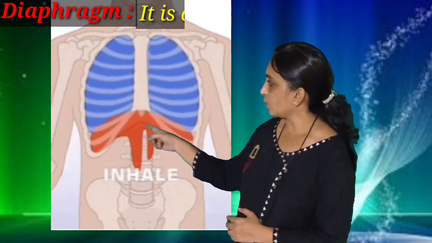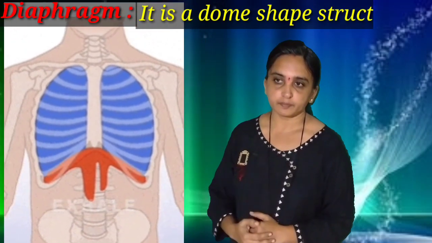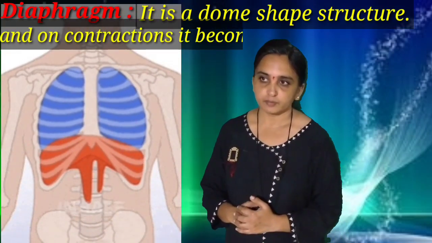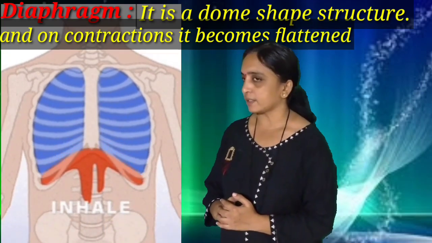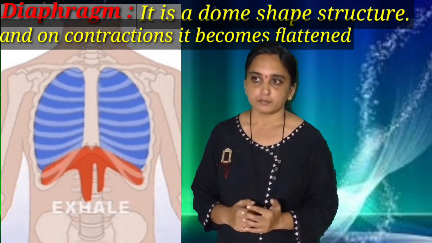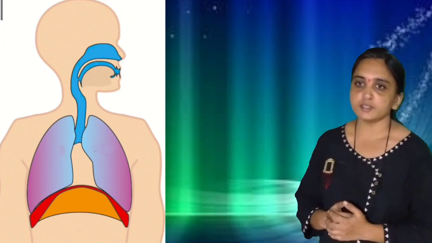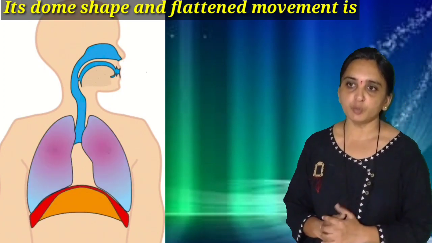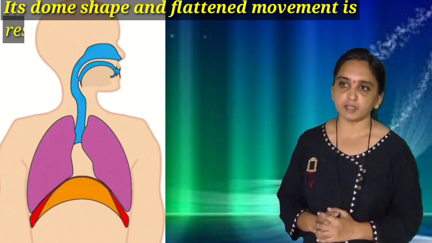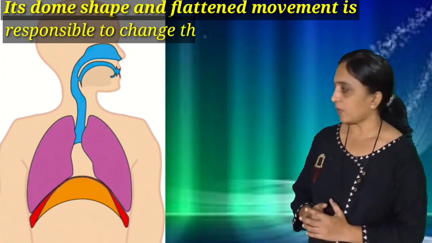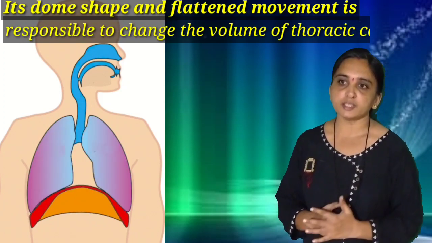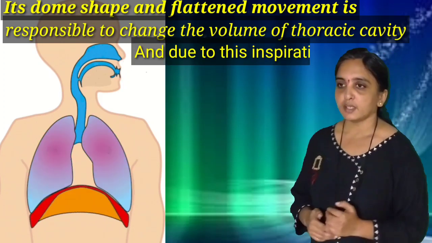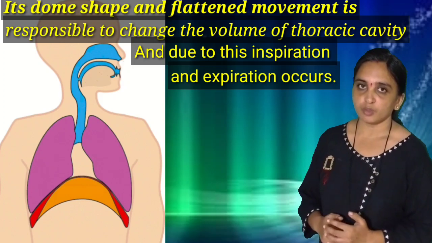It is a dome-shaped structure, and on contraction, it becomes flattened. Its dome-shaped and flattened movement is responsible for changing the volume of the thoracic cavity, and due to this, inspiration and expiration occur.